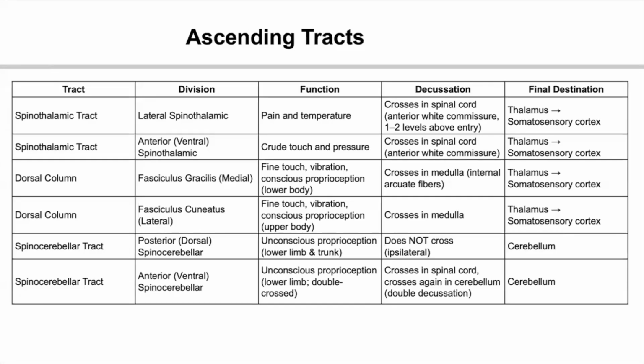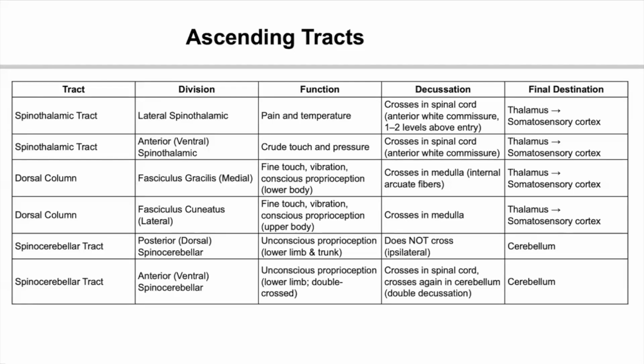These fibers then carry signals of vibration, visceral pain, deep, and discriminative touch. So basically, you can tell the difference between touches, right? For example, if a person holds your hands tightly, you can definitely differentiate between a light touch and a hard or deep touch.